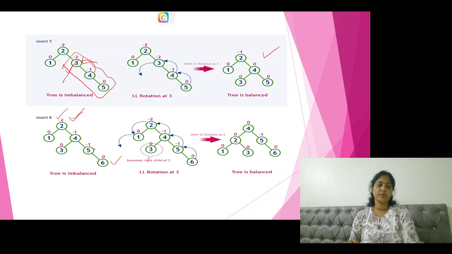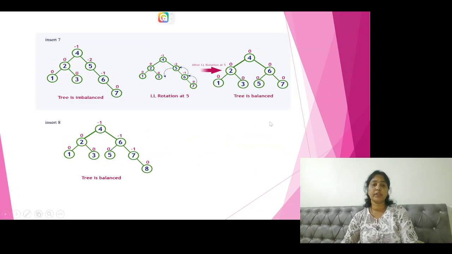LL rotation means 2 will come here, 4 will be here. All the elements which are on the left side will go left and right will go right. So 4 will become the root, with the left elements going to the left side and the right elements going to the right side. This is how you can insert.